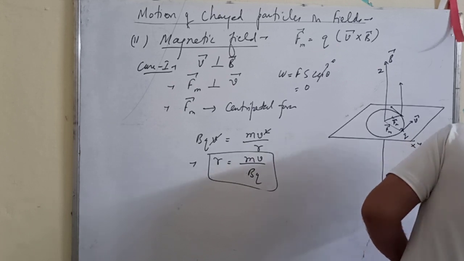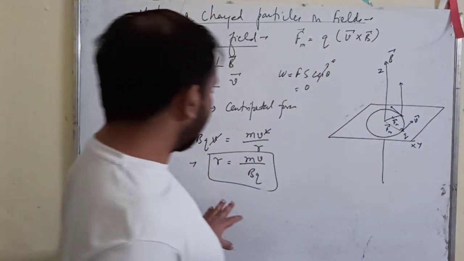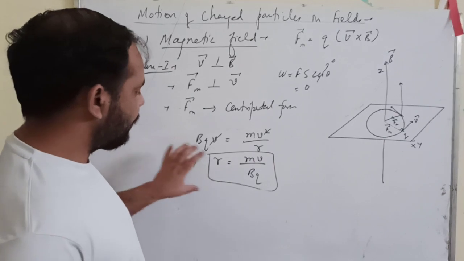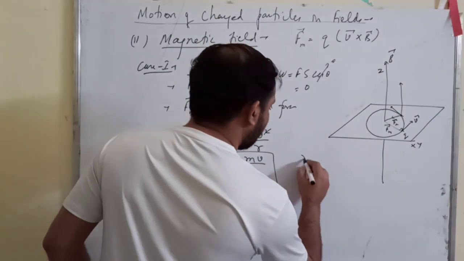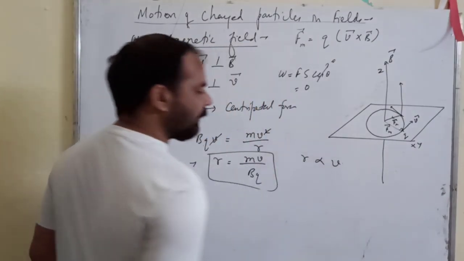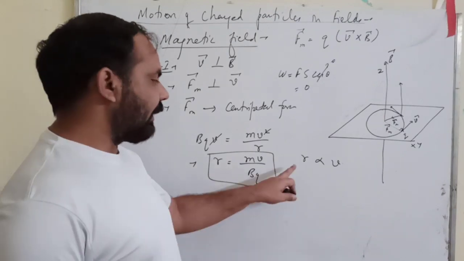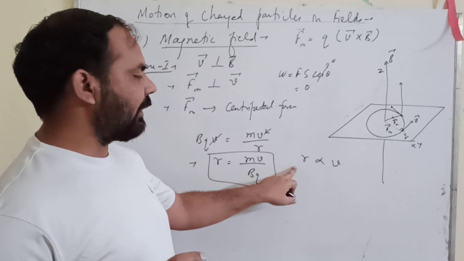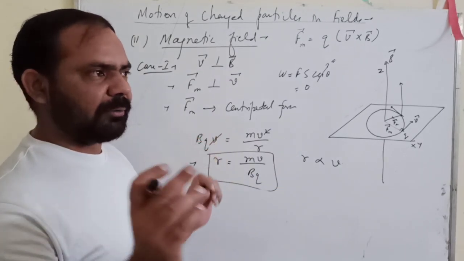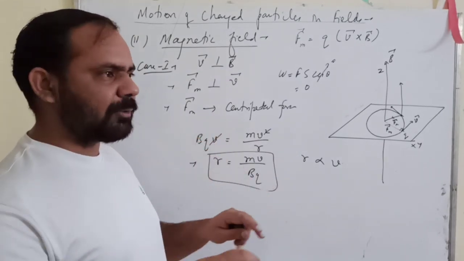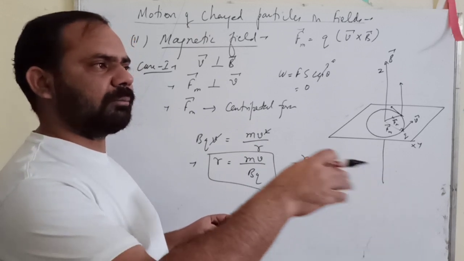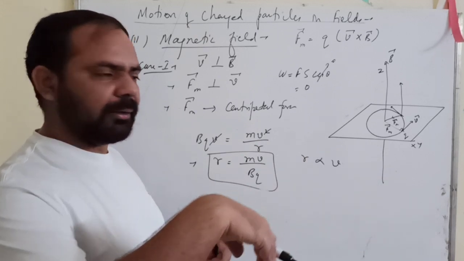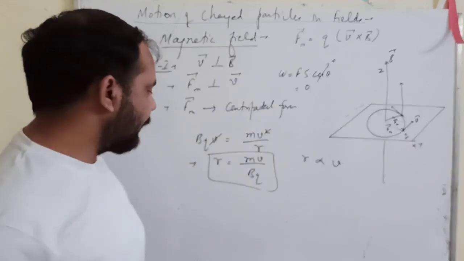From here we can see one thing, that R is directly proportional to V. It means that if the charged particle moves faster, then the radius will be larger. Fast moving charged particles will encircle on a larger radius, right?